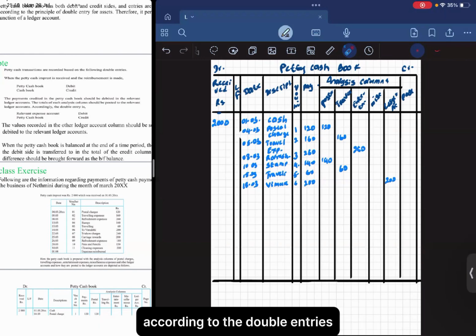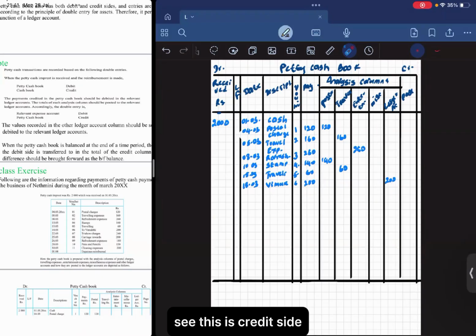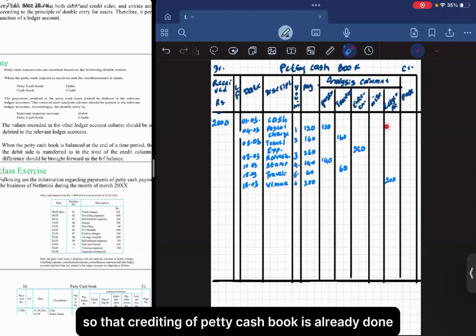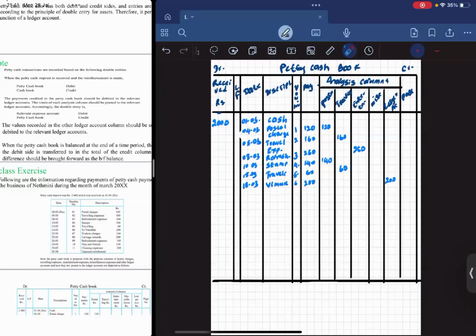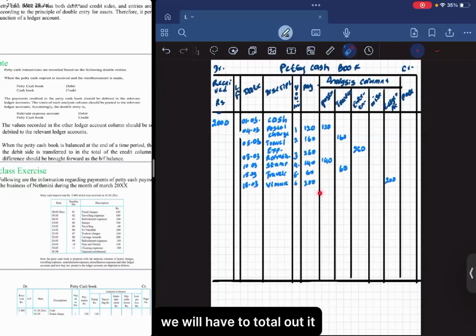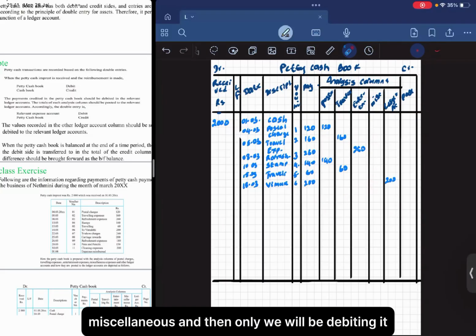According to the double entries, the relevant expense account we have to debit, the petty cash book we have to credit. So the crediting of the petty cash book is already done. See, this is the credit side. Now to debit this, we will have to total the postal column, traveling column, entertainment, and miscellaneous, and then only we will be debiting it.